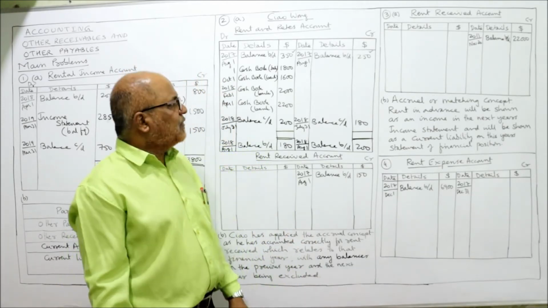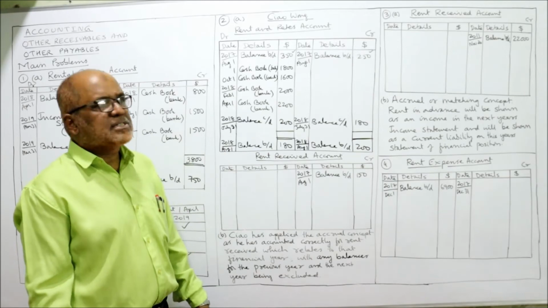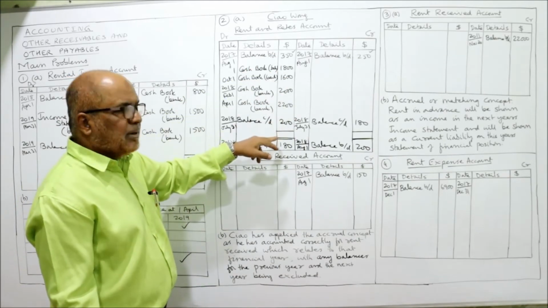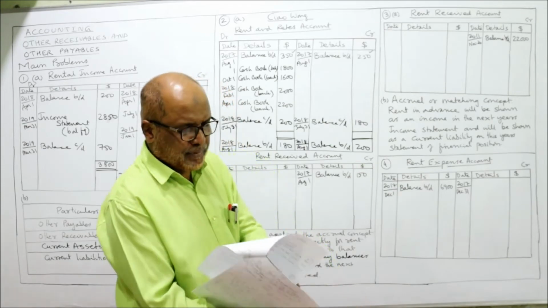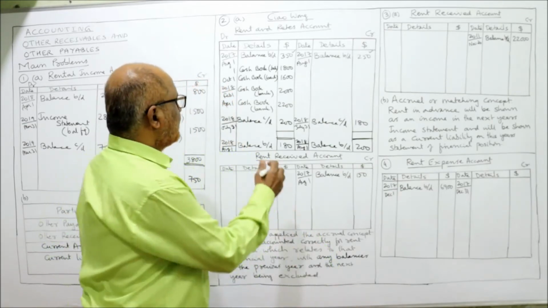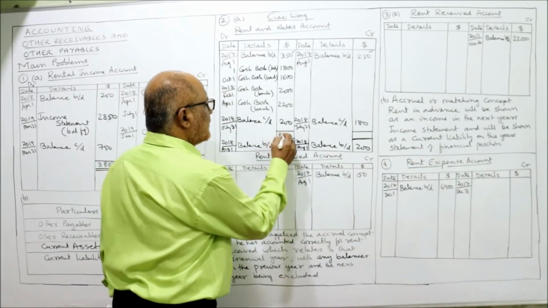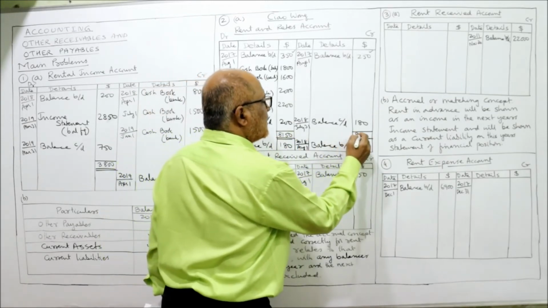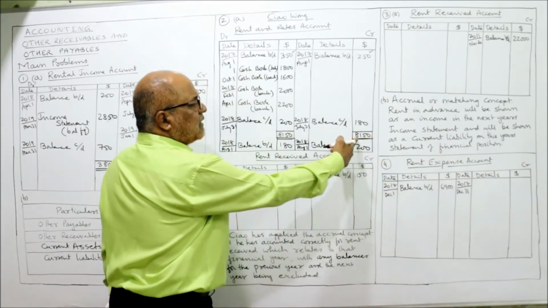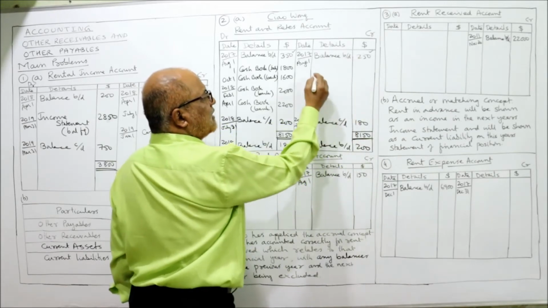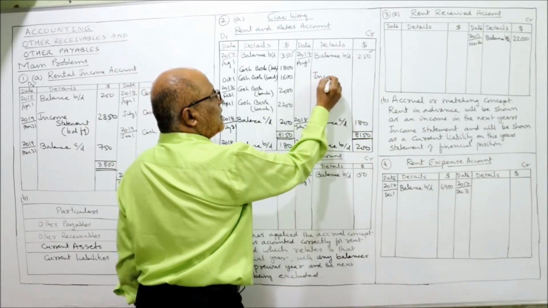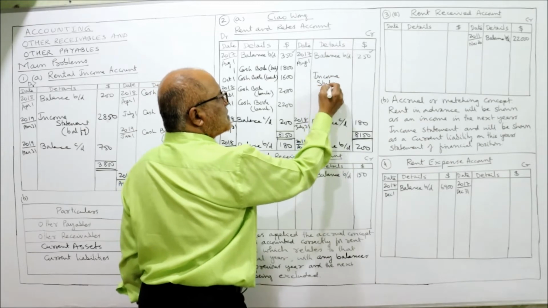Now the balancing figure should be transferred to income statement. Take the total of the debit column. The debit column total comes to 8,150. Here also take 8,150. From 8,150 minus 250 minus 180, the remaining balance will be transferred to income statement.